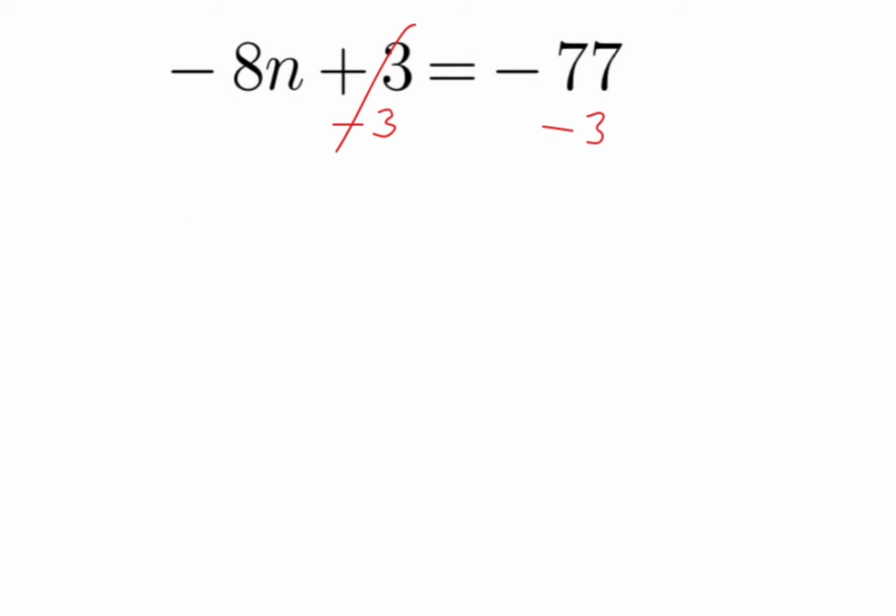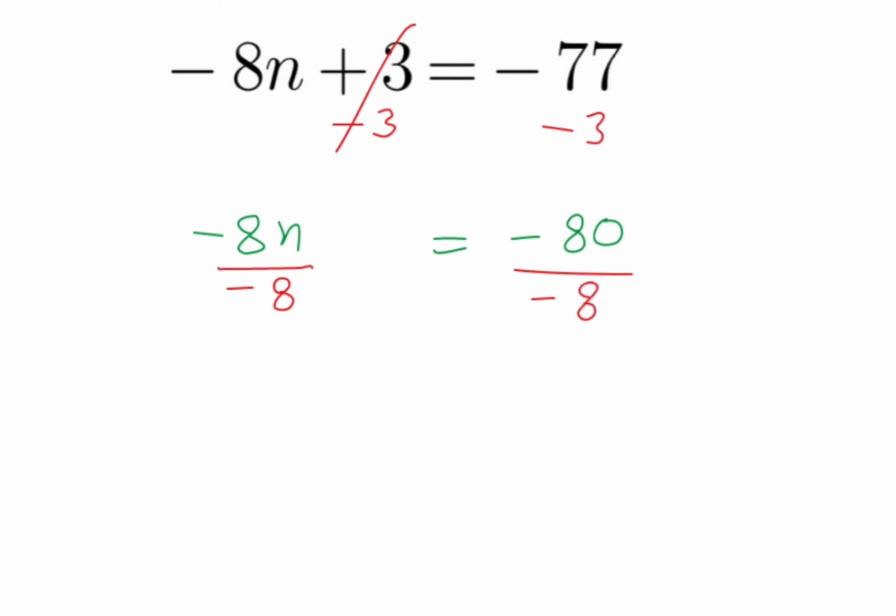Minus 8, and equals minus 77 minus 3, which is minus 80. Okay, minus 8 is multiplying with n, so we can divide both sides by minus 8.